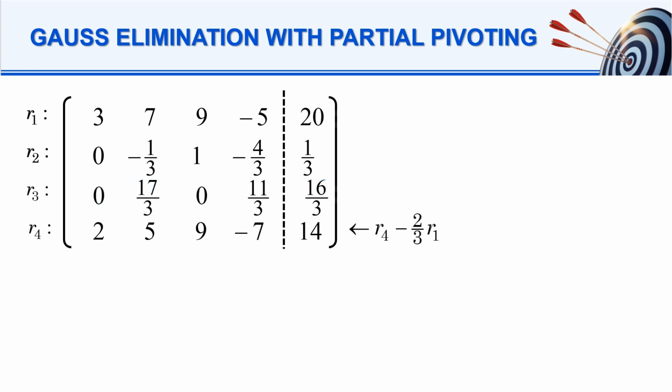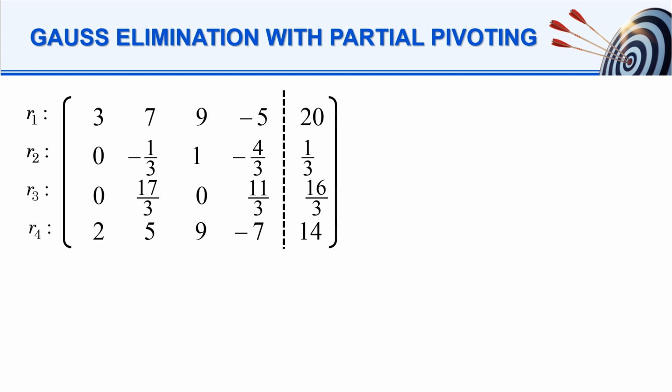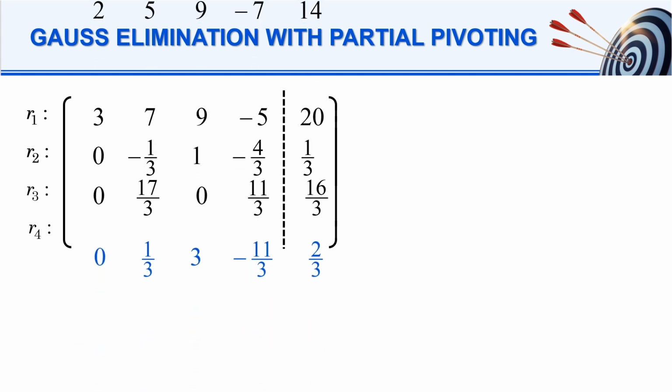Then, we add minus 2 over 3 times row 1 to row 4 to eliminate the 2 in the fourth row. Row 4 is replaced by the resulting row. This also marks the end of the first pass.